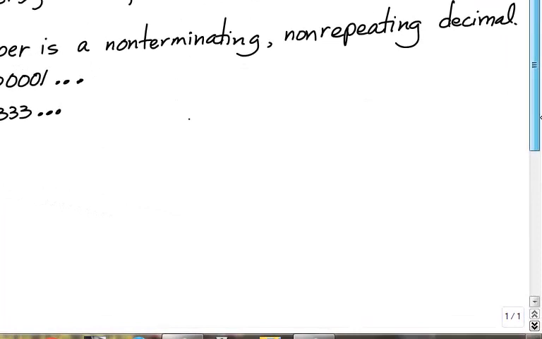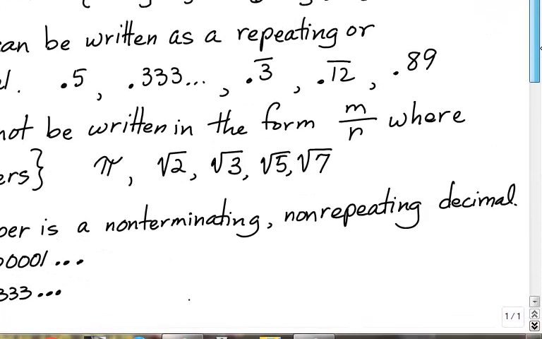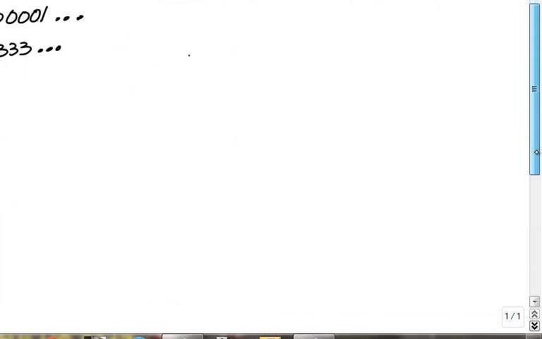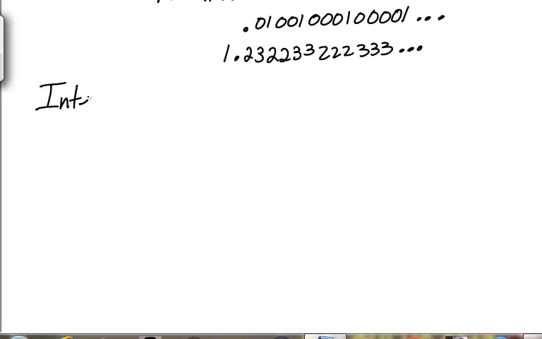Okay, so we've done real numbers, all the numbers on the number line, rational numbers in the form m over n, where m and n are integers. Irrationals, you cannot put them in that form. Okay, the next set of numbers we need to talk about, and we actually mentioned them up above because we've worked with them in Algebra 1, the set of integers.